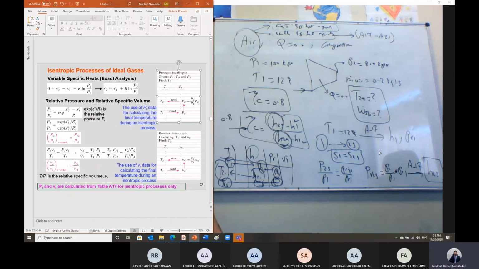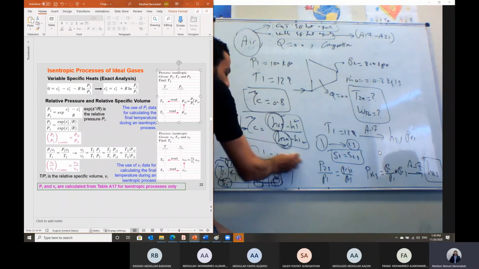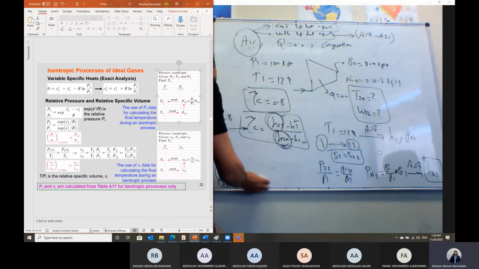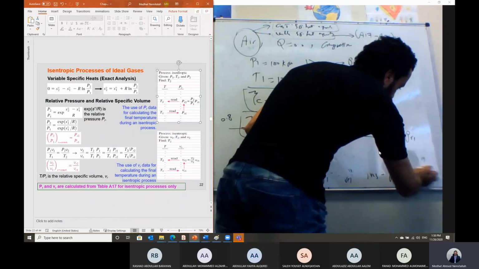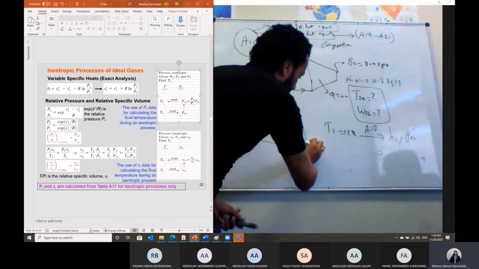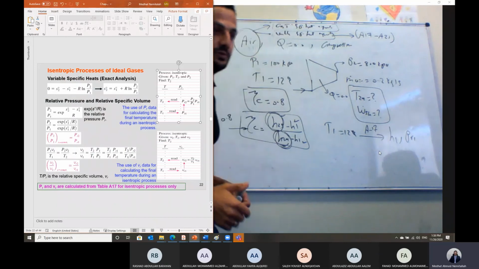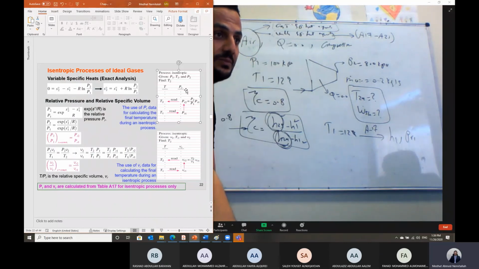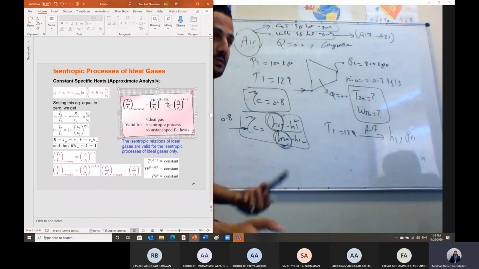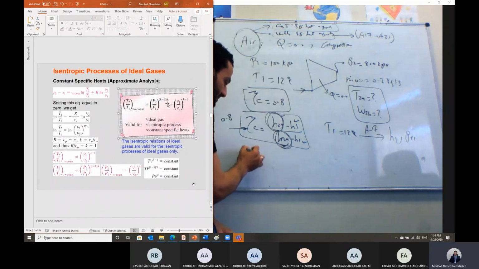But what if I were solving the problem using the constant specific heat approach for the isentropic process from 1 to 2S? What should I do in this case? Instead of using table A17 and calculating P relative, I will use this equation directly.